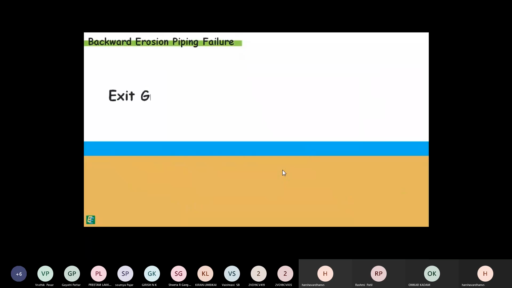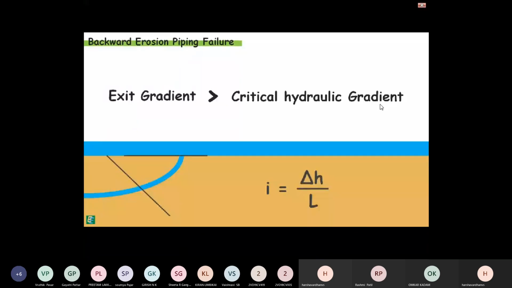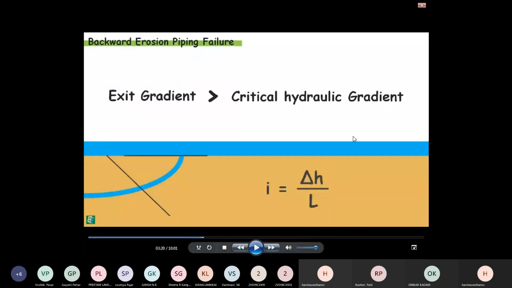So piping occurs when the exit gradient is more than the critical hydraulic gradient. So exit gradient must be kept less than critical hydraulic gradient.